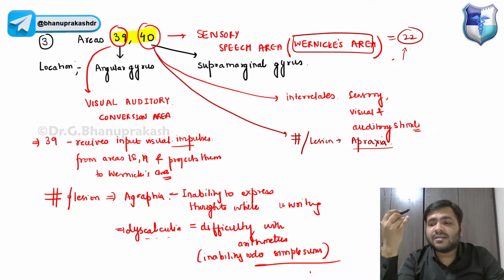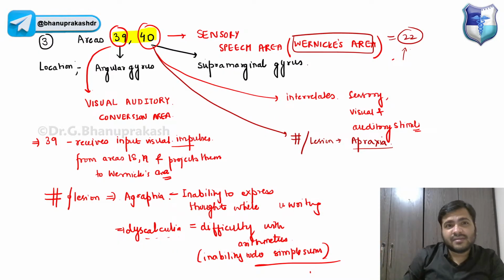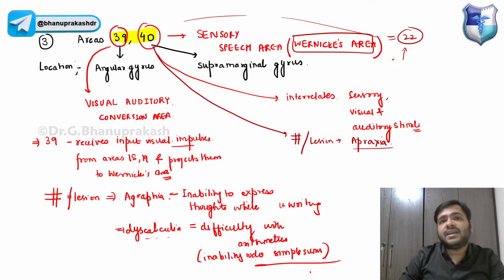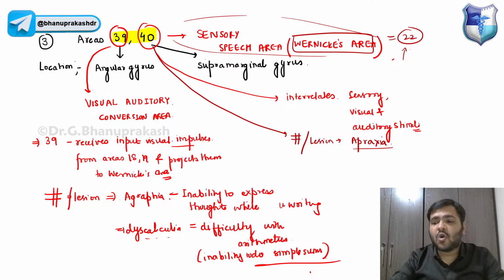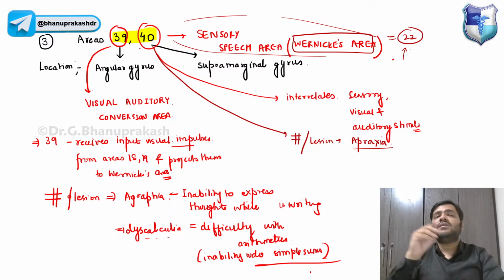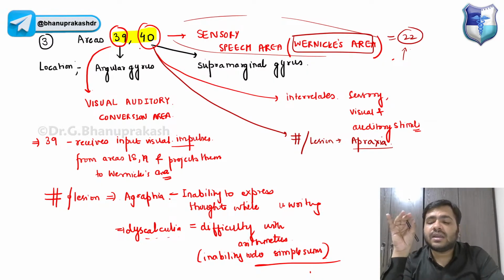It is connected by the arcuate fasciculus with 39 and 40. There is a bundle which connects 39 and 40 with 22, and basically all these three, 22, 39 and 40, are the parts of Wernicke's area only.